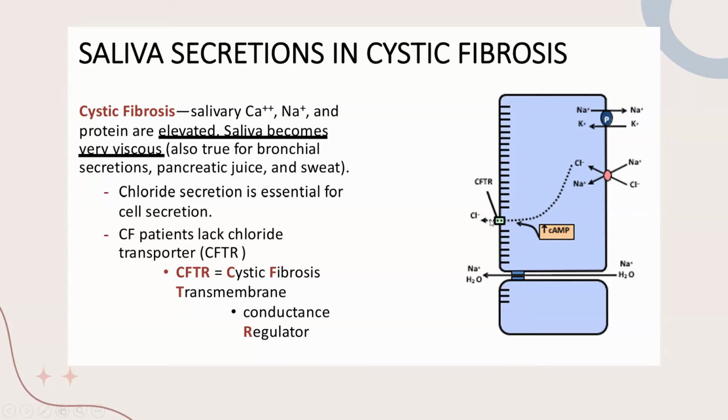As you can see, here is the CFTR, and when there's an impairment here, chloride can't leave anymore. When chloride can't leave anymore, this will cause high Na, high calcium, and high proteins in the saliva. So the saliva becomes very viscous because absorption of sodium and water can't happen anymore in patients with cystic fibrosis.